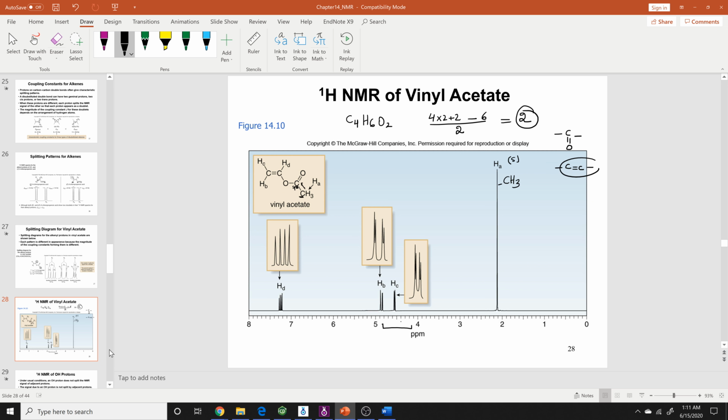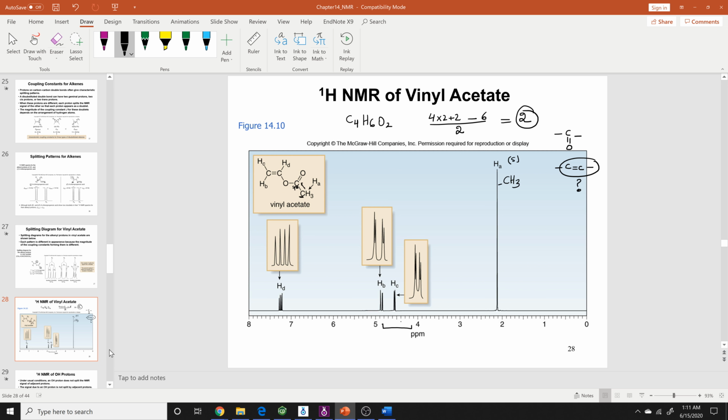How did I know it's a carbon double bond carbon? You look at the region between 4 and 5, and if you see a lot of peaks in there, then you would know that it's an alkene. And I know over here that I have a carbonyl and I have an alkene in that case.